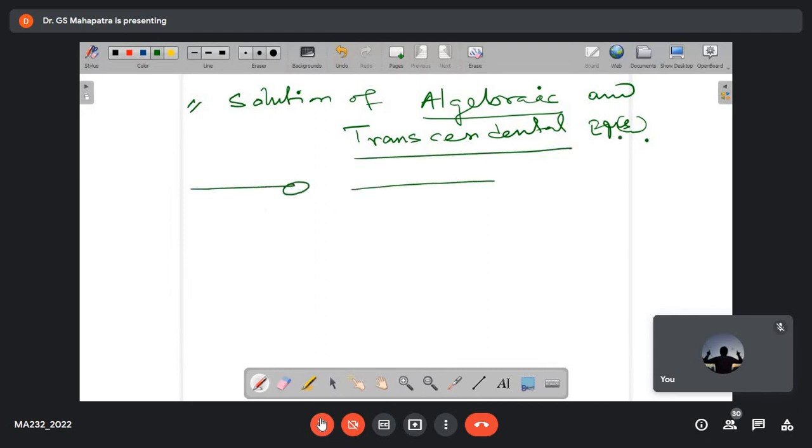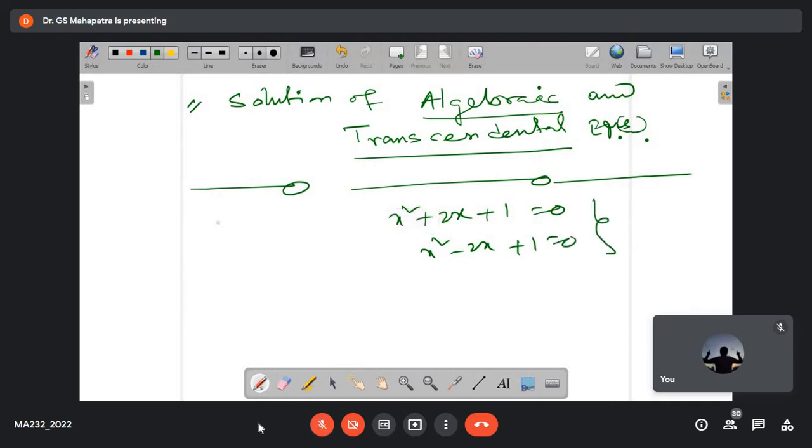Already we have discussed. Now if I ask you to solve x square plus 2x plus 1 equals to 0, you can find the solution easily. And if I ask x square minus 2x plus 1, then also you can solve.